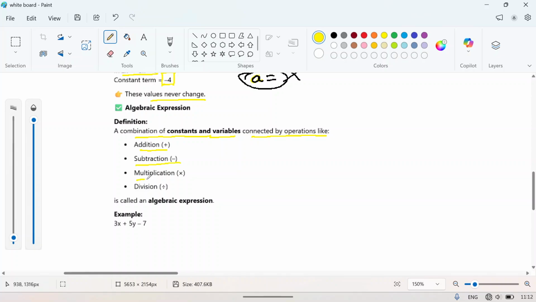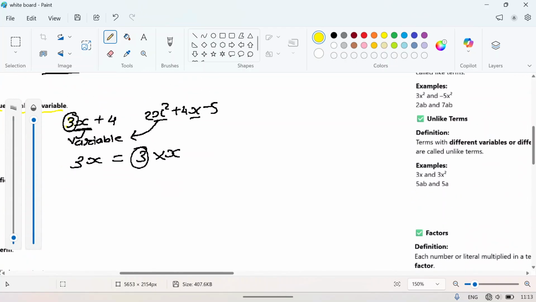Addition, subtraction, multiplication and division. Let's take one example, 3x plus 5y minus 7. This is an algebraic expression. Here x and y are variables, and 3, 5 and 7 are numerical or constant values. So a mathematical statement made by alphabets, symbols and numerical values is called an algebraic expression.